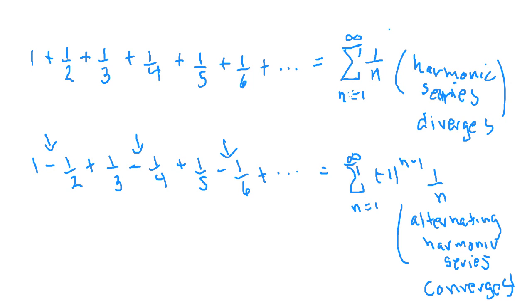The harmonic series diverges, but if we have the alternating harmonic series, that converges. Now, we have a test called the alternating series test that we can use to show this. Let me go to the alternating series test, and then I'll come back to this. Okay, so let me go back to the ebook.